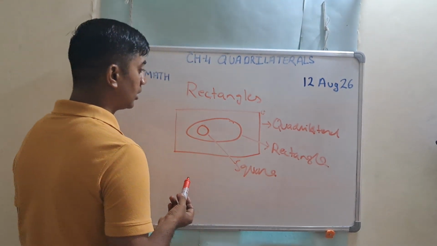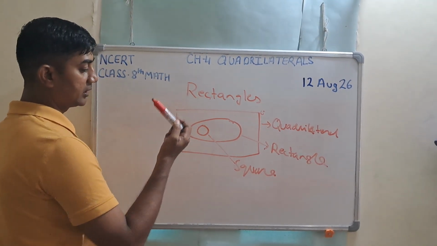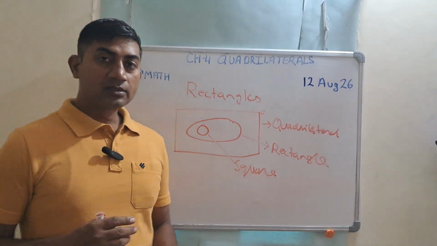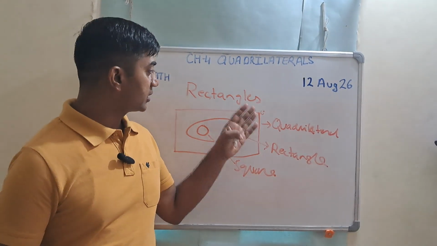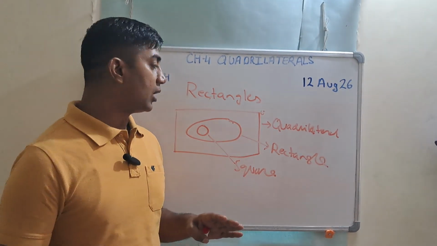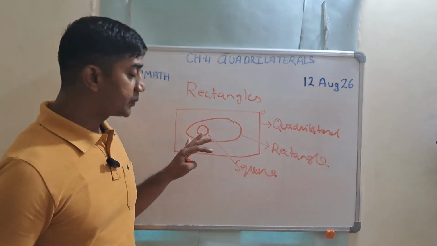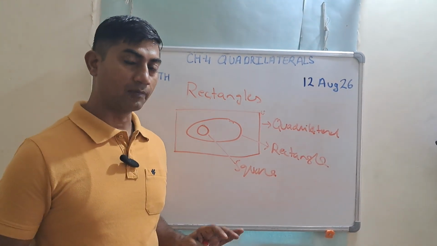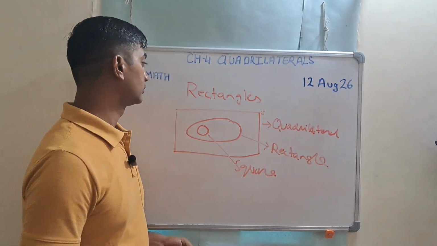In this way, in the universal set of quadrilaterals, this is our rectangle, this is our square, and we will study some more types of quadrilaterals, like we are studying here about the rectangle and square. Then we will see how those specific types of quadrilaterals fit in this universal Venn diagram as our chapter progresses.